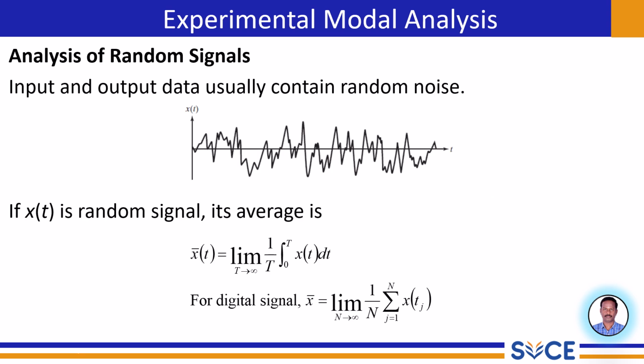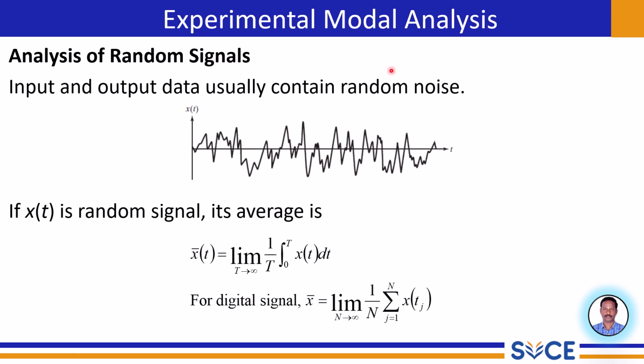In an ideal world, our measured input forces and output vibrations would be perfectly clean signals. However, in reality, our data invariably contains some level of random noise. This noise can originate from various sources such as electrical interference in our measurement system or inherent randomness in the vibration itself.